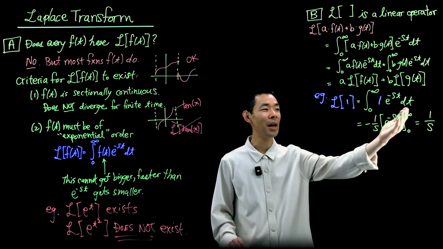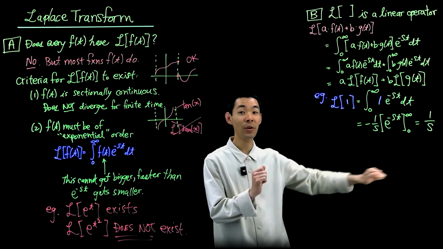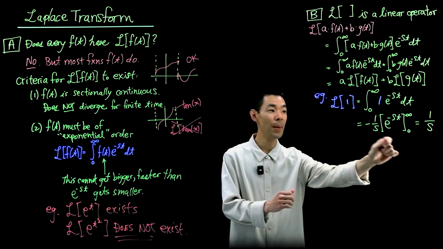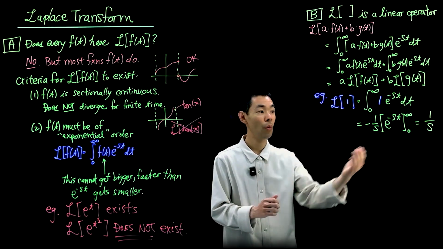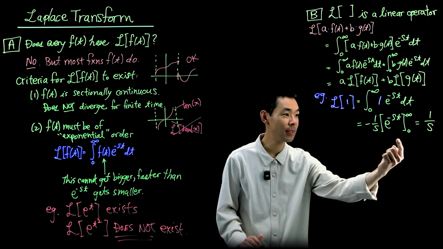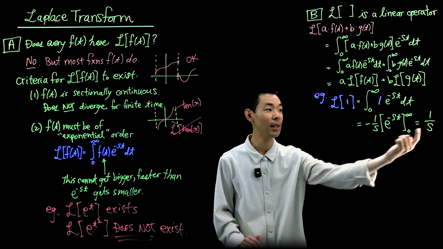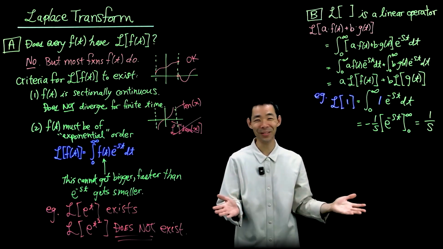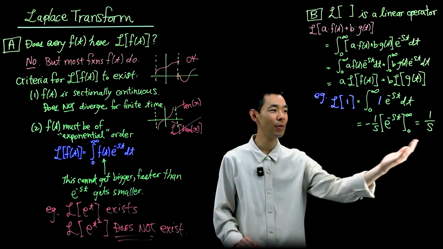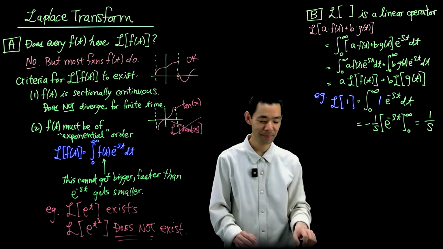Now, when you evaluate the upper bound, e to the negative st vanishes because t is going out to infinity, which means that e to the negative infinity is 0, minus the lower bound, where e to the 0 is equal to 1. And therefore, this term inside the brackets becomes negative 1, cancels the negative outside, and all you're left with is 1 over s. So apparently, the Laplace transform of the function 1 is equal to 1 over s. Kind of an interesting result.